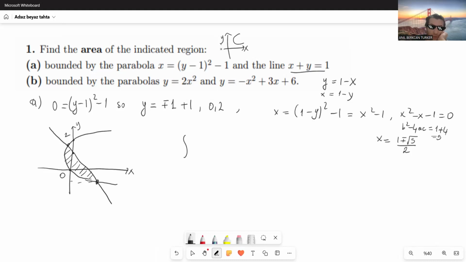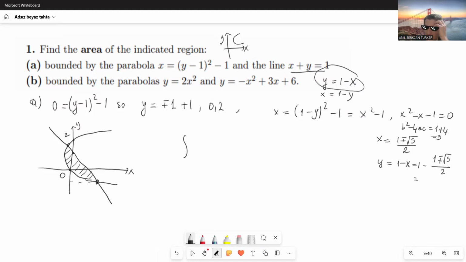Okay, you can also find the y-intercepts. What you do is just put it into one of the equations, because these 2 points are on both curves. Maybe we can use this one. When you put x here, you get 1 minus x, 1 minus (1 plus minus square root of 5 over 2).